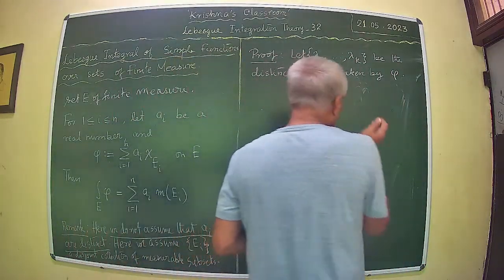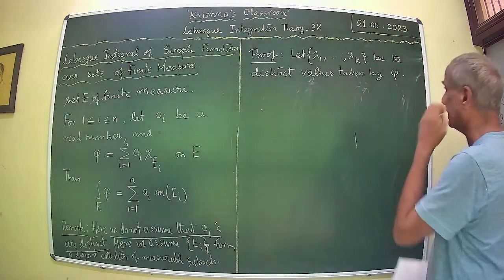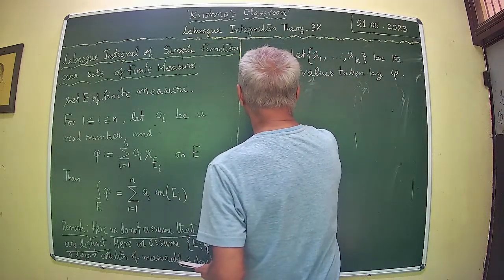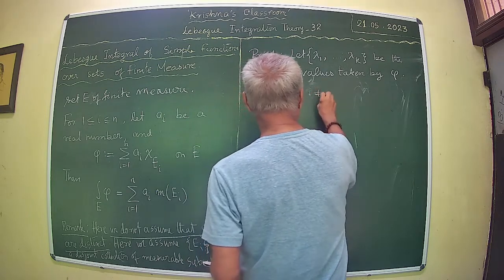So we say that lambda_1, lambda_2, etc., lambda_k are distinct. That is, lambda_i is not equal to lambda_j whenever i is not equal to j.